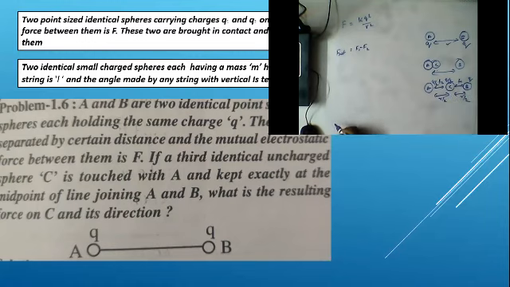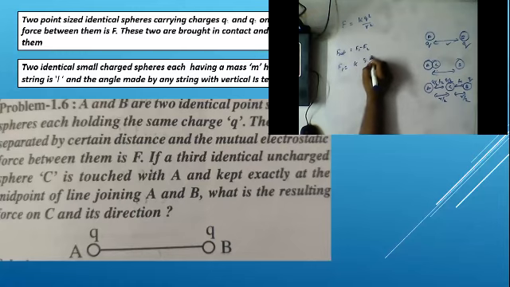What is the value of F1, guys? F1 is equal to K into Q into Q by 2, and the distance between them is r by 2 whole square.